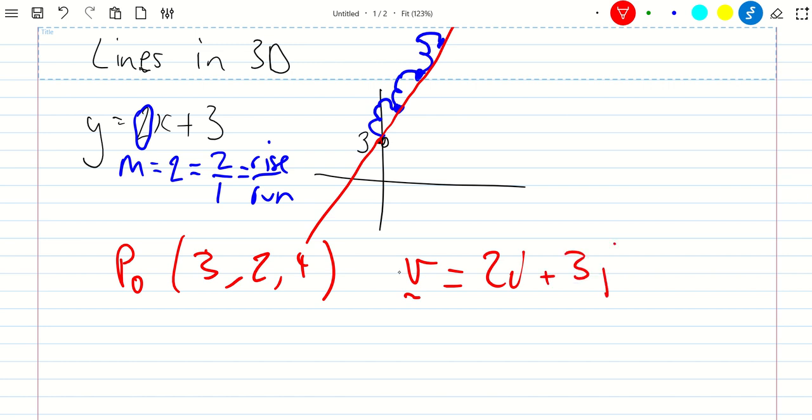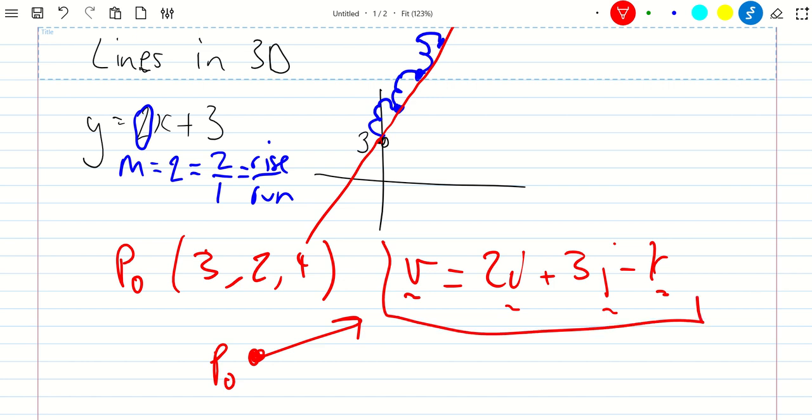I'm just making up stuff here. So you're going to have some point in space, this P naught, and from that P naught, it's going to shoot off in a particular direction. And this v, that directional vector, tells you the direction it's going to go in. So hopefully that makes a little bit of sense.